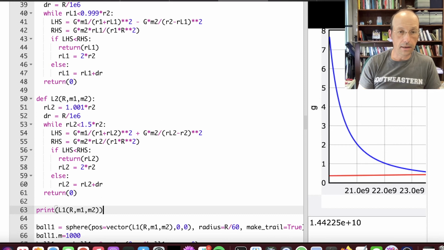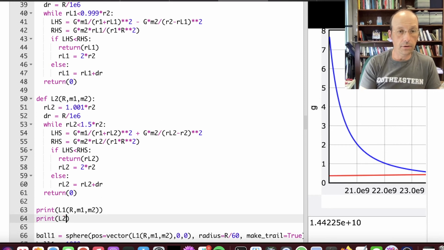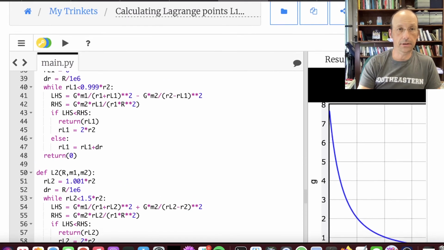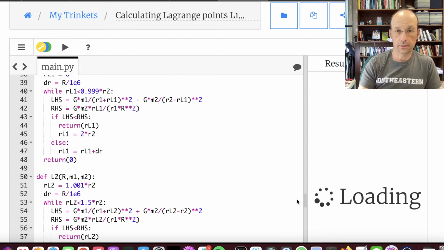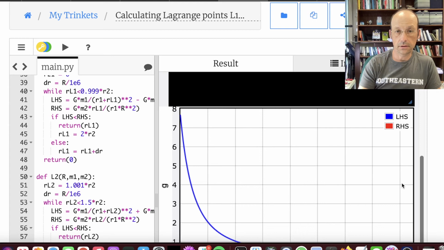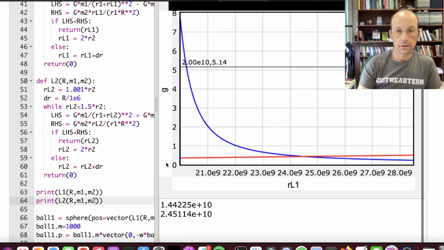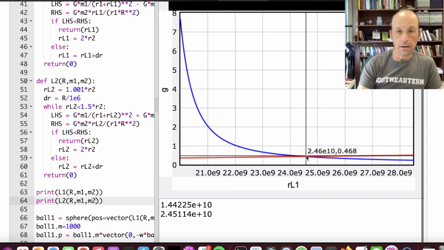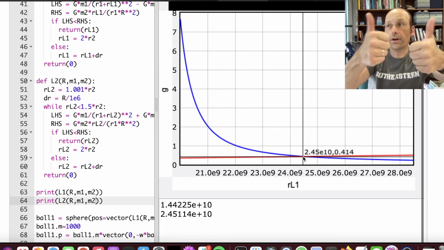And let's print that. Print L2 R M1 M2. And let's just see what happens. Okay, so I got 2.45 times 10 to the 10th. Go over here. Looks like it's working.